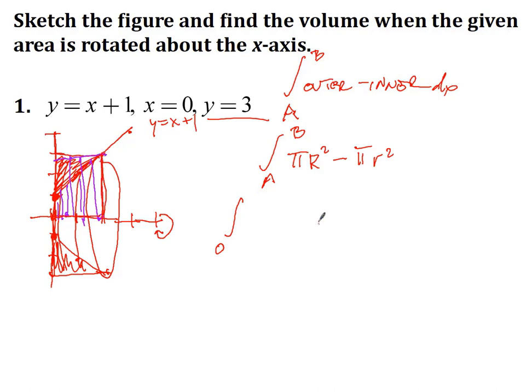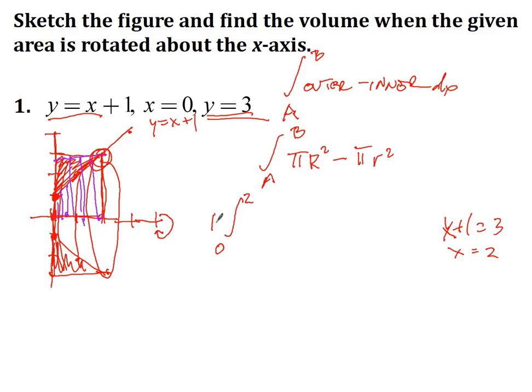If you're having confusion seeing that, what you do is you take these two functions, y equals x plus 1 and y equals 3, and set them equal to each other. I'm sorry, x plus 1 equals 3. And you solve for x, and you see that's 2. When you set them equal to each other, you find the x value where they intersect. So that's going to be from 0 to 2.